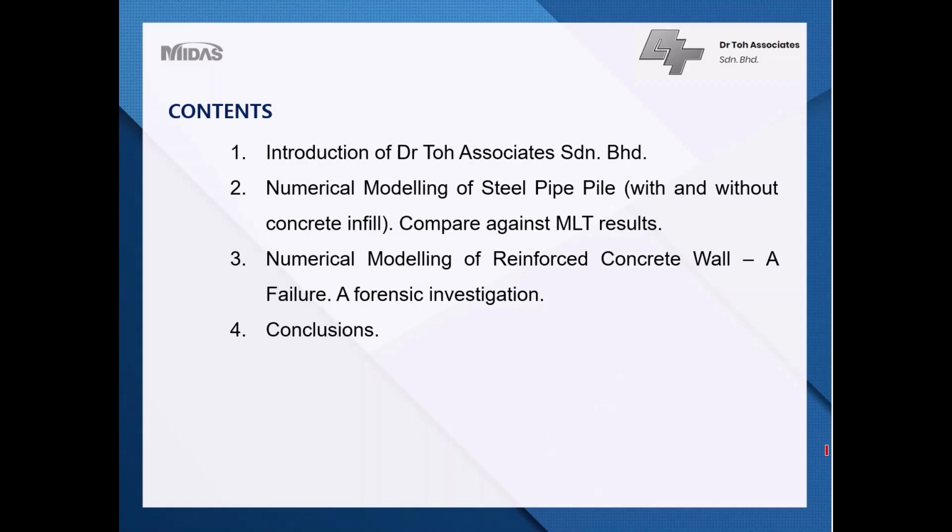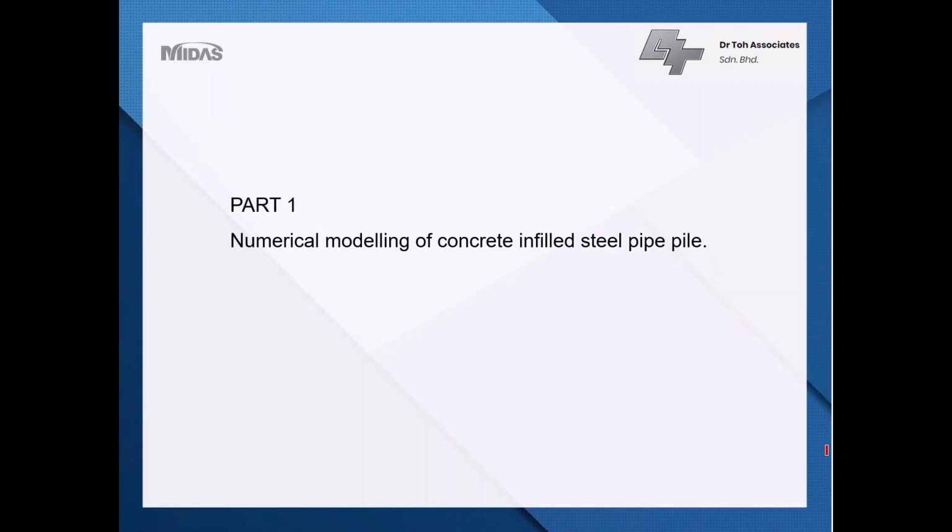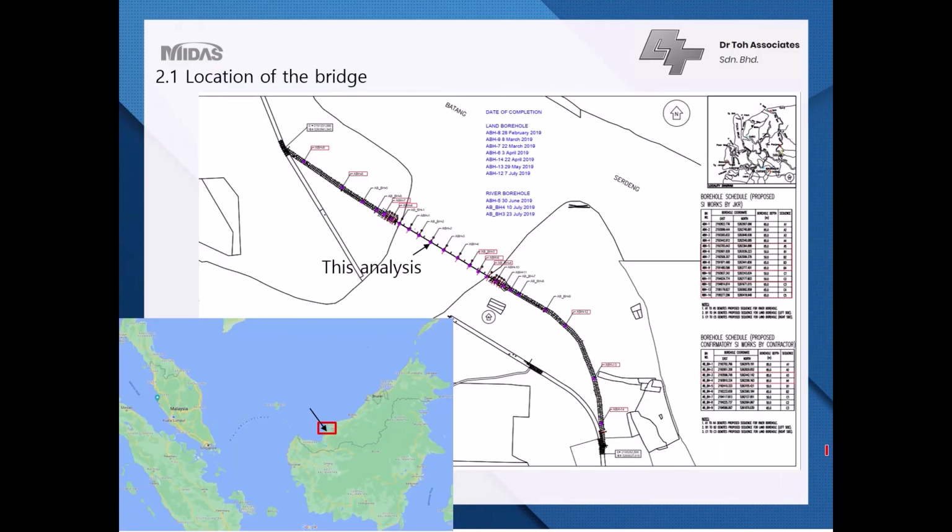And these examples are good case histories to test the program in terms of the modeling of the stiffness as well as the strength. And after that, I will draw conclusion. Now we go into the first part of the presentations, the numerical modeling of concrete infill steel pipe pile.